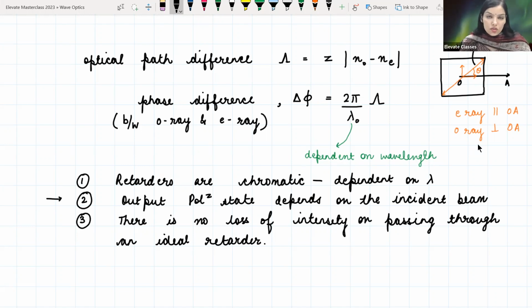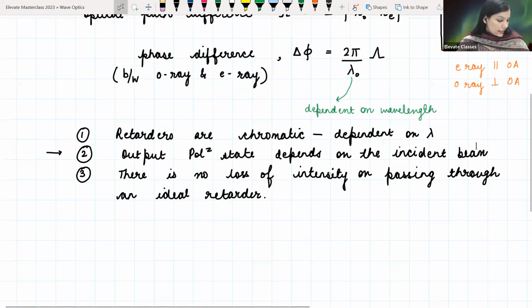There is no change in the intensity in any way. Like a polarizer reduces the intensity of an unpolarized beam, and for a polarized beam we have to apply Malus law, right? So a polarizer also changes the polarization, but it also reduces the intensity according to Malus law. But here the polarization state is changed, and we do not have any loss of intensity. So that is one thing we should remember.